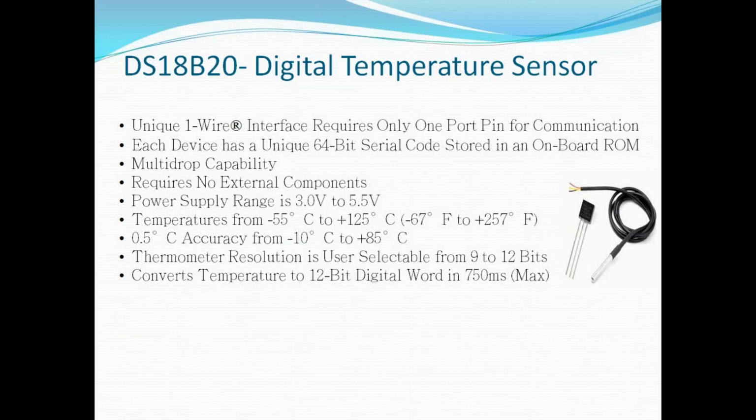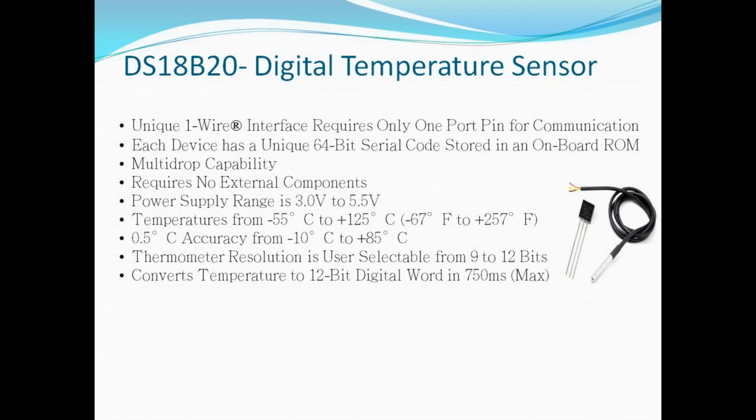Now, when we use LM35, it does not have any address. Simply it gives a voltage to represent the temperature. But every DS18B20 has a unique 64-bit serial code.